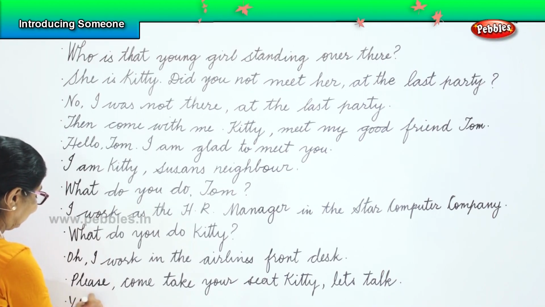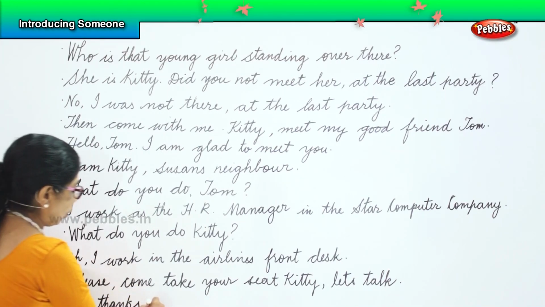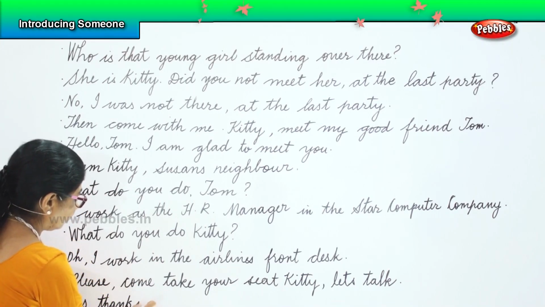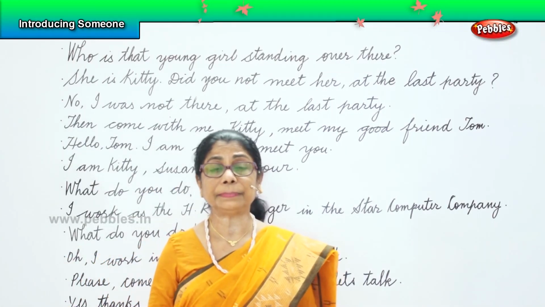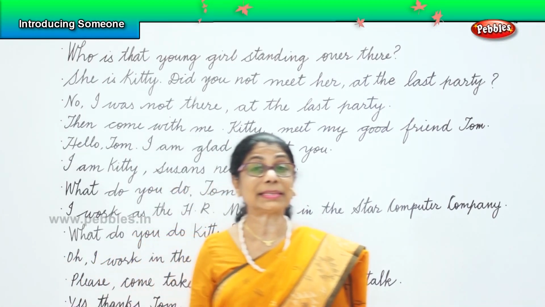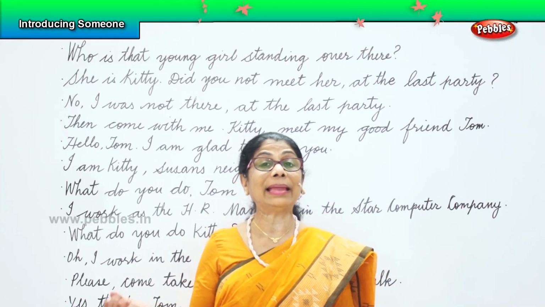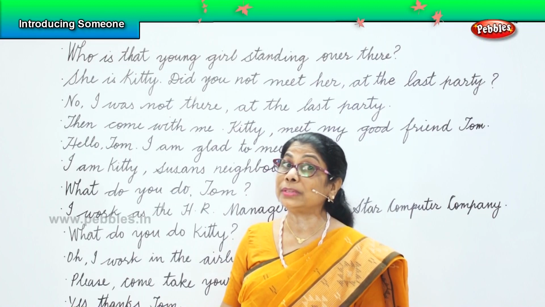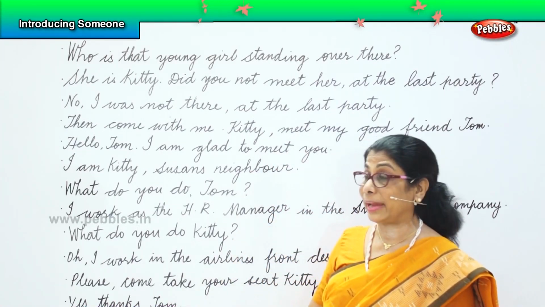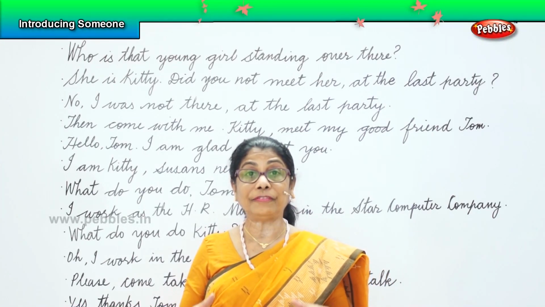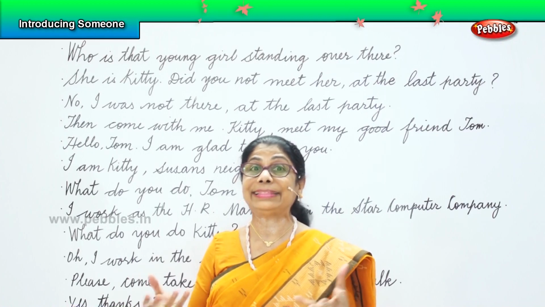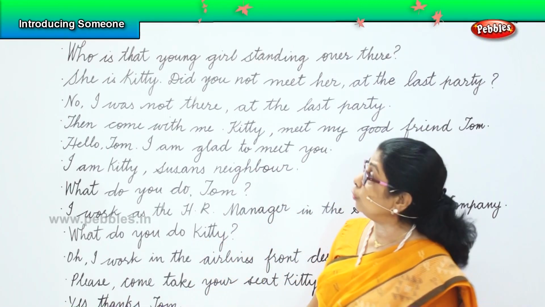Yes, thanks, Tom. That's it. So here at a party, Tom meets Kitty, and Kitty introduces herself as Susan's neighbor. Susan is Tom's friend. So how you introduce each other and find out about each other, that's what we are doing today, introducing each other.